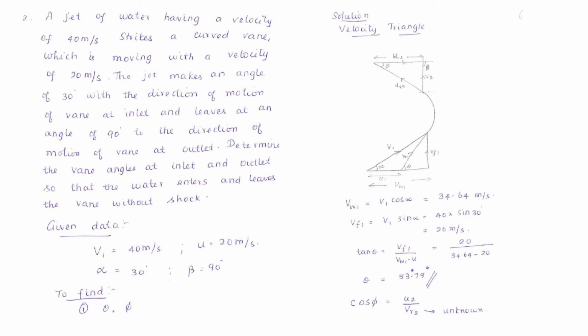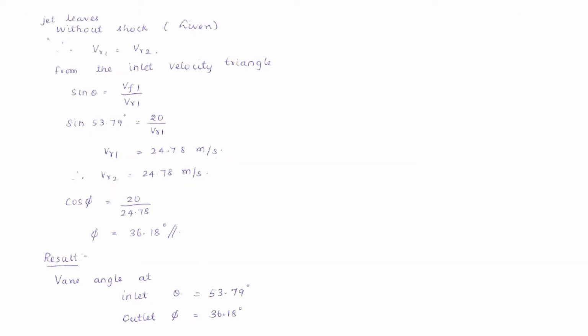Clear? So after finding out the values for Vw1 and Vf1, substituting in the tan theta formula, you can find out theta. Okay. Now we need to find out the vane angle at the outlet. What is the formula for finding the phi value? Cos phi is equal to u2 divided by Vr2. Here Vr2 is an unknown value. How to find the Vr2 value?